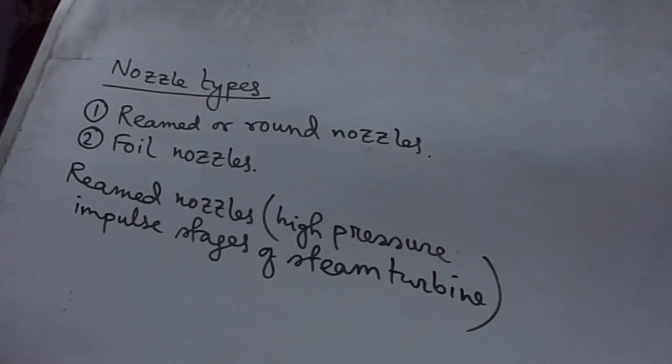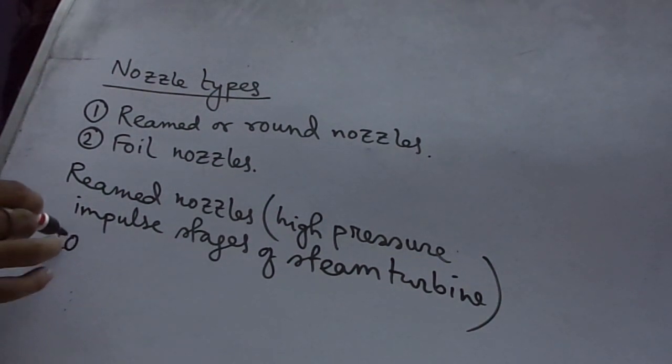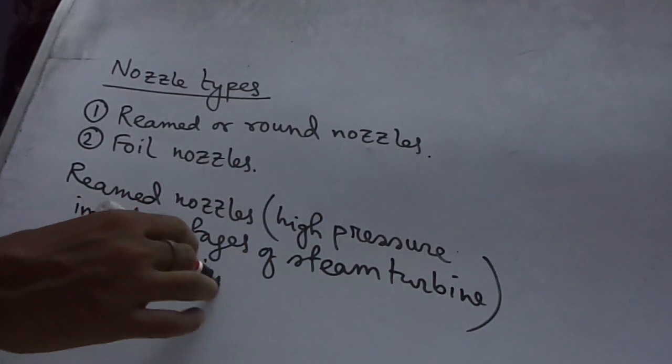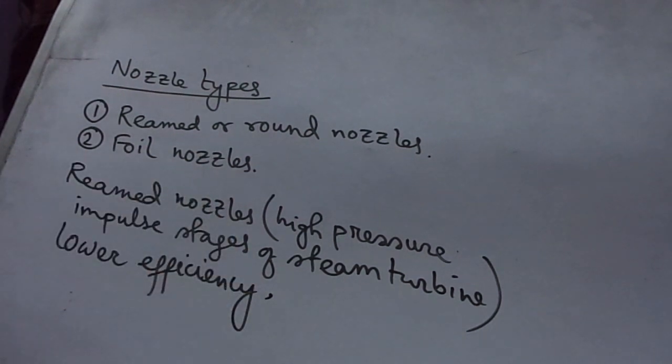The principal advantages of the rim nozzle are low cost, easy to manufacture, and adaptability of standardization. The disadvantages are lower efficiency, greater length, and an inability to utilize effectively for low pressure the area of a given flow annulus.